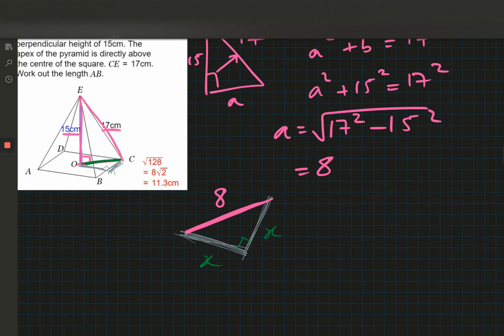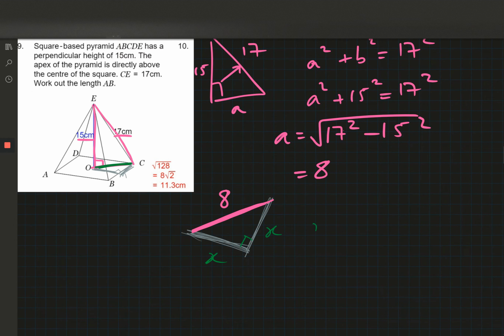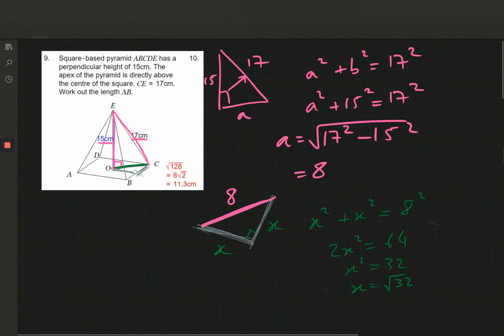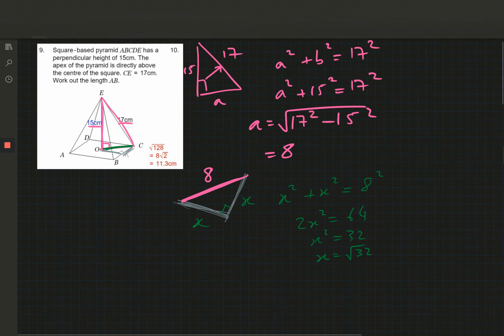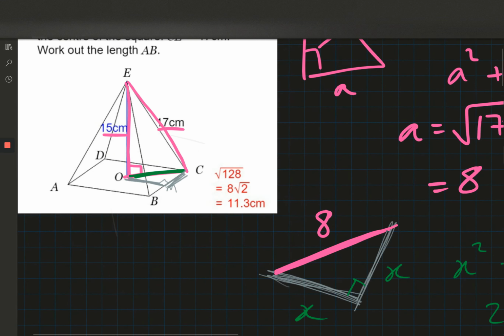You can then just use Pythagoras again. So x squared plus x squared equals 8 squared. 2x squared equals 64. X squared equals 32. X equals root 32. Now, this is the length x that we found here.